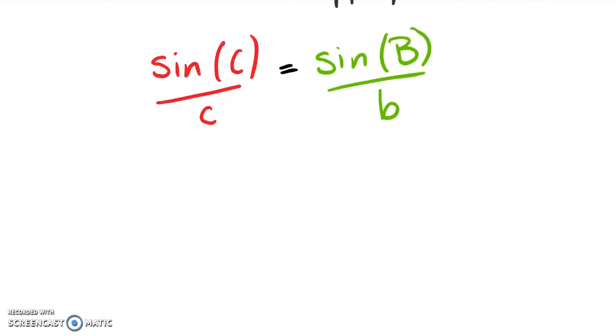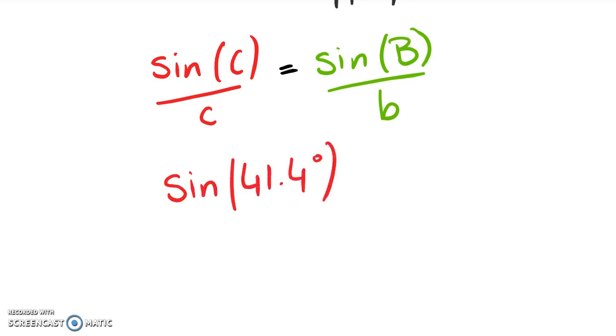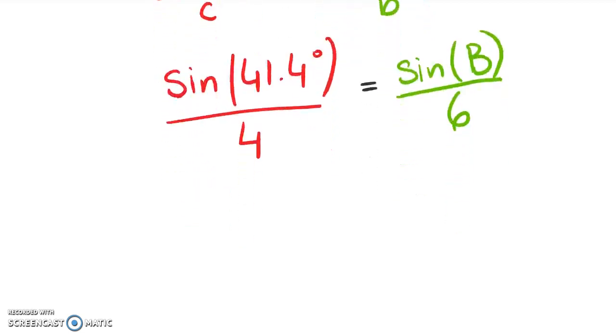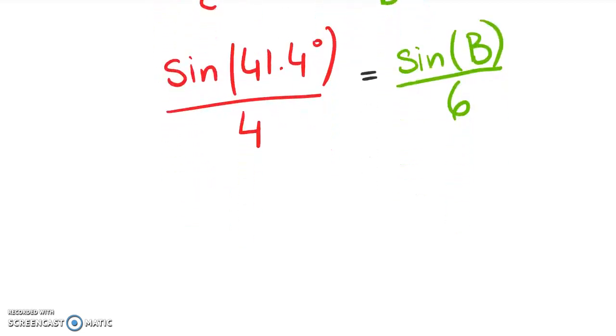So we know that sine of 41.4 degrees divided by 4 equals sine of B divided by our length B, which was 6. Let's multiply both sides by 6 so we can get sine of B on its own.